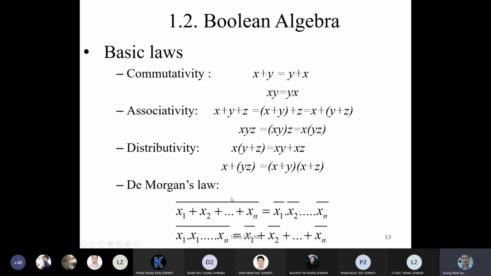So I think De Morgan is a very useful and very strong property for you, especially when you... I think all of you already studied the design of digital systems, right?